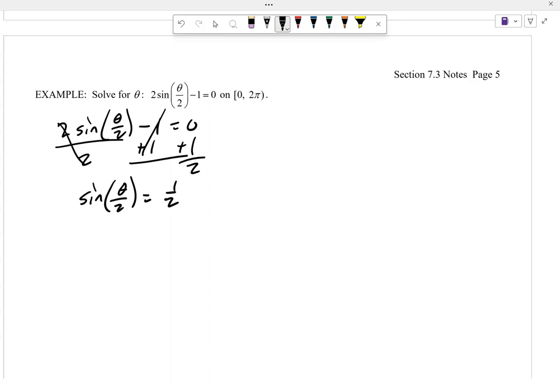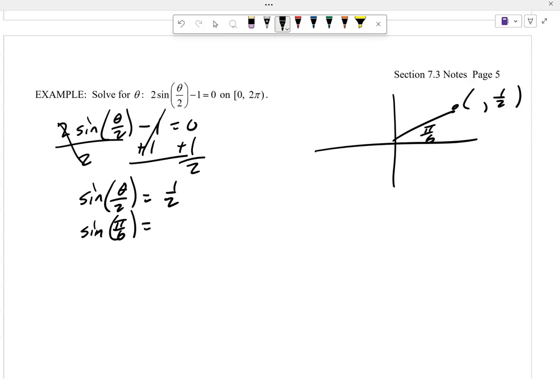And then we know that sine is a half at π/6. So we know sine of π/6 is a half. We also know over here at 5π/6 is the other spot. We know sine 5π/6 also is a half.